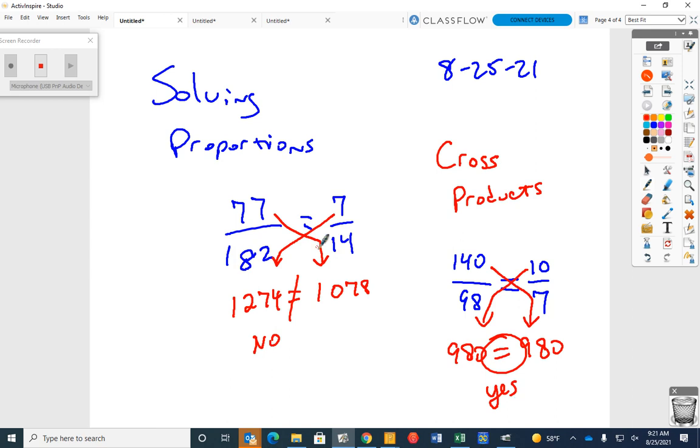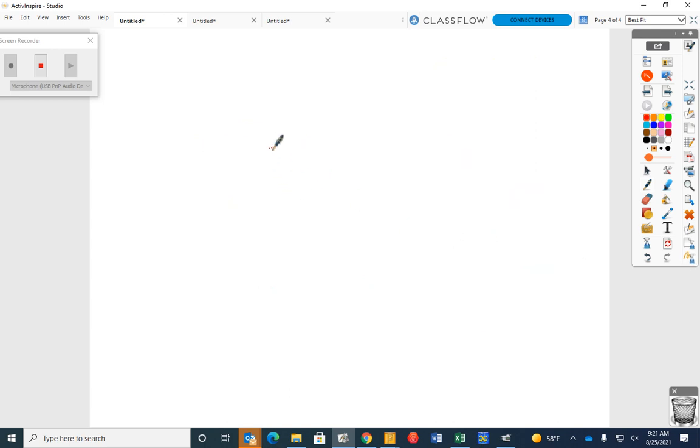I'm going to write one up here, and I want you to try it on your own. Can I erase this? Okay. Try this one. 180 over 260 equals 90 over 130.